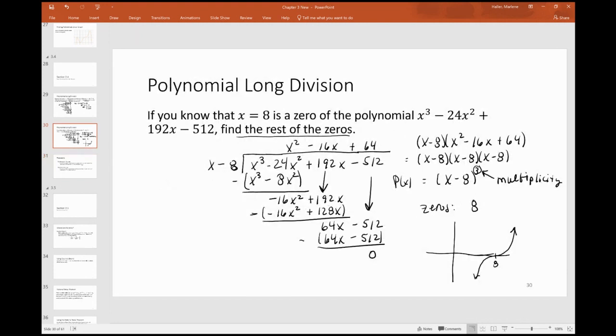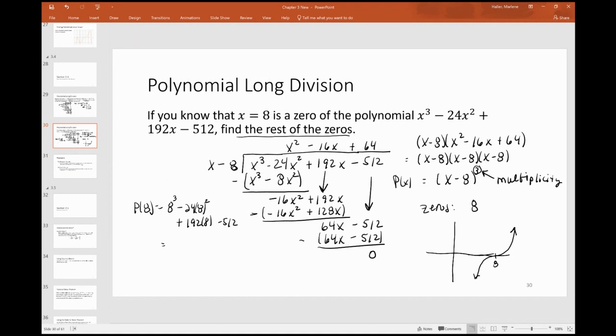Let's go back and look at that last example. We knew that 8 divided evenly. It certainly did. So what would p of 8 be? Should be 0. Plug 8 in for the x. We'll use the long version of that. It's going to be 8 cubed minus 24 times 8 squared plus, I'm going to run out of room, so I'm going to come down, 192 times 8, and then minus 512.